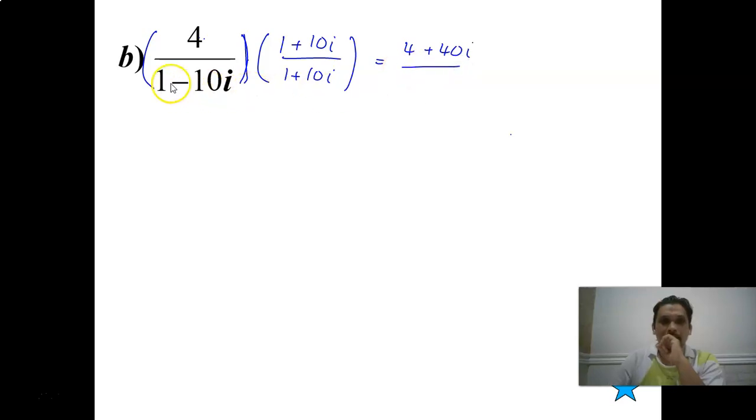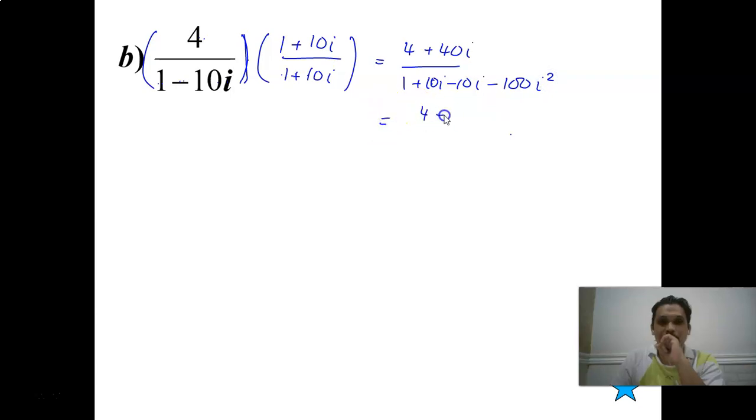Divided by 1 times 1 equal to 1. 1 times 10i plus 10i, negative 10i times 1 minus 10i, negative times negative, negative 10i times 10i, 100 times i squared.